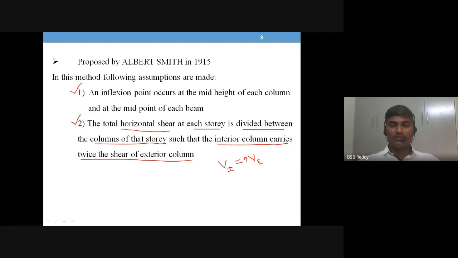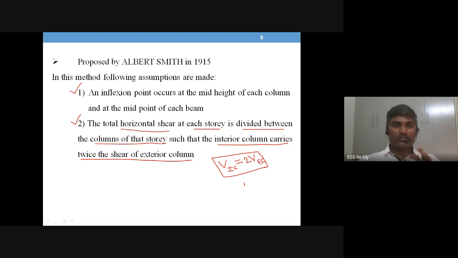This is in the form of an equation, relating an interior column and an exterior column, IC and EC. So interior column shear is equal to 2 times the exterior column shear.